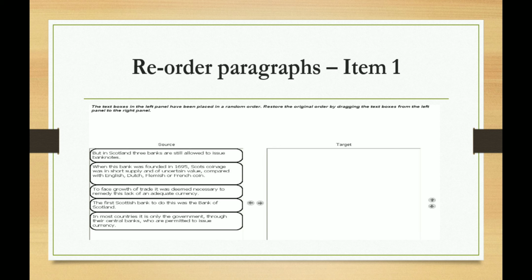And once you find the starting sentence, the starting point of this order, then you can find the next possible line, because that first line will give some introduction about something, and definitely the next line should be about that introduction only.